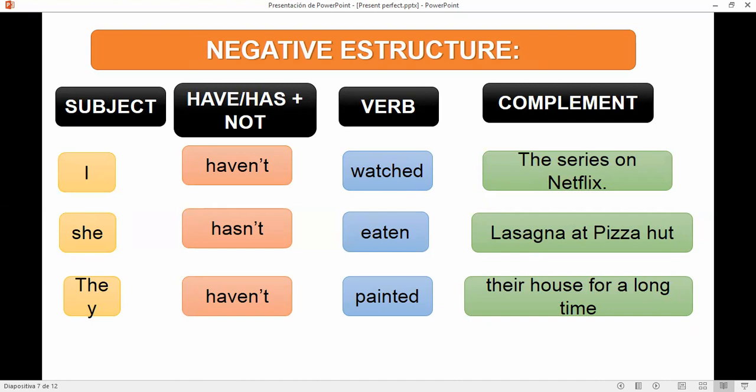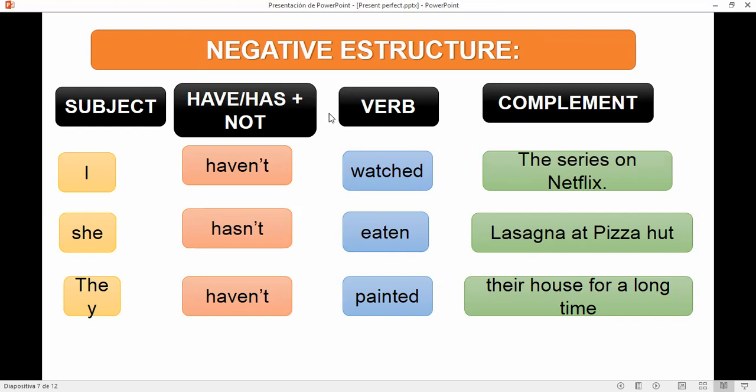Or if you want to say the contracted form, you can do it, okay? Haven't or hasn't. Example number 1, I haven't watched the series on Netflix. She hasn't eaten lasagna at Pizza Hut. And they haven't painted their house for a long time.